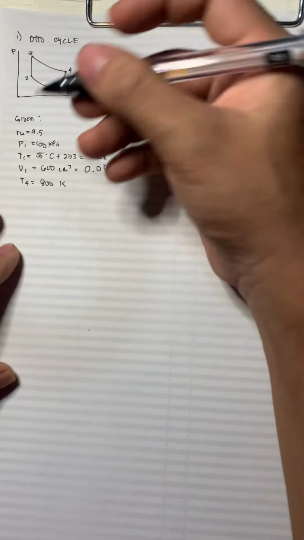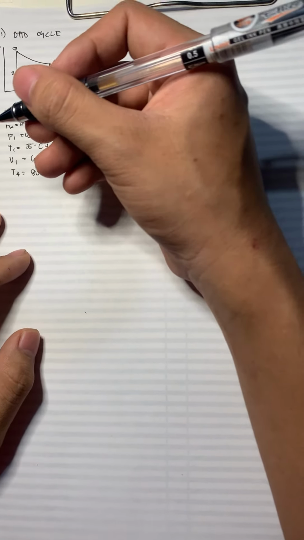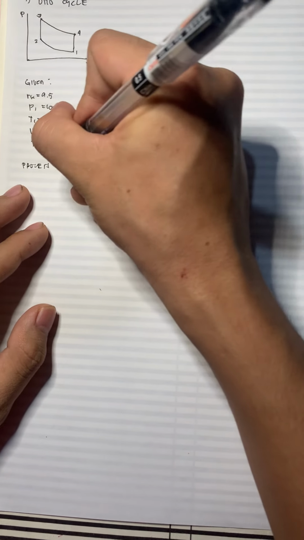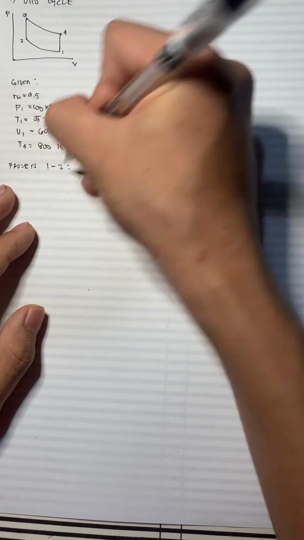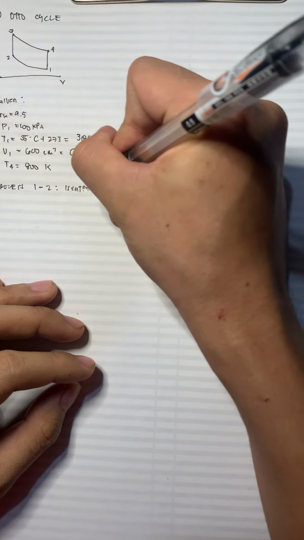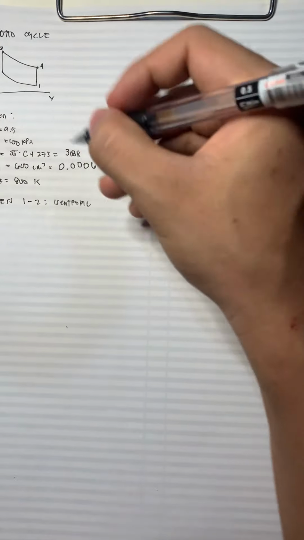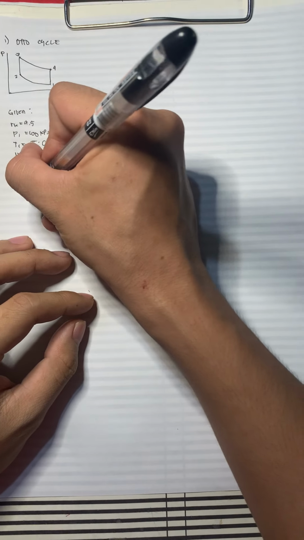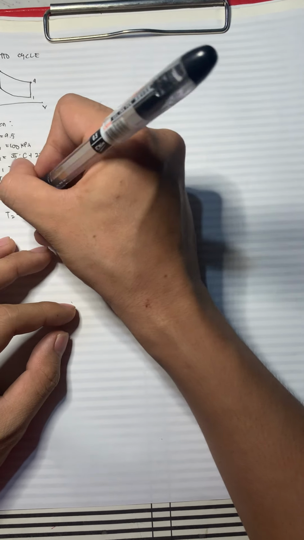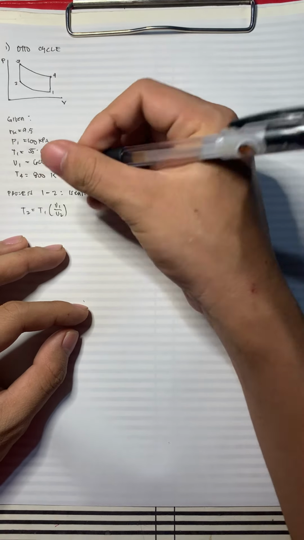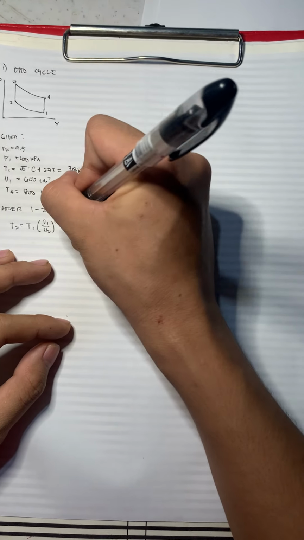First, in process 1 to 2, 1 to 2 is isentropic compression, where T2 equals T1 times V1 over V2 raised to k minus 1.